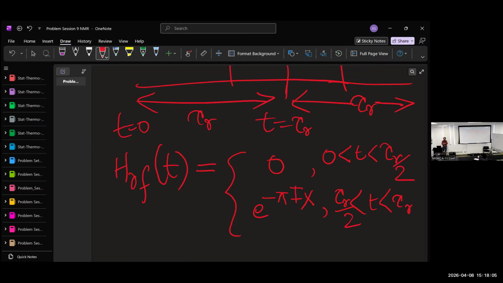Under a very critical assumption, which is that the pulse length delta, the duration of the pulse itself, is extremely small. So small that I can treat the pulse as infinitesimal, as taking almost no time. But does this make sense?